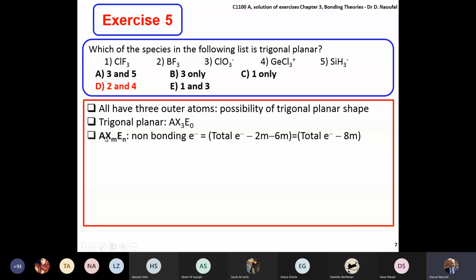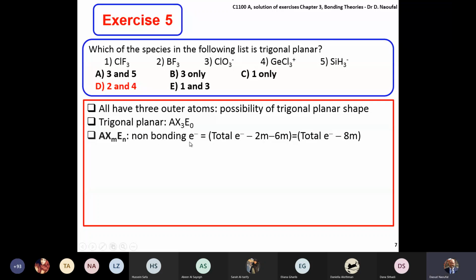If A made a bond with X, around X I will have 2 electrons. Then I have to distribute around X 6 other electrons in order to have the octet rule.